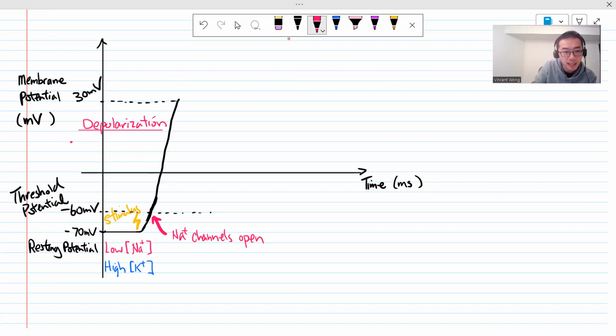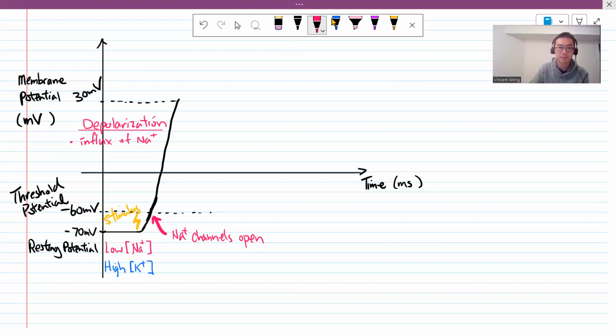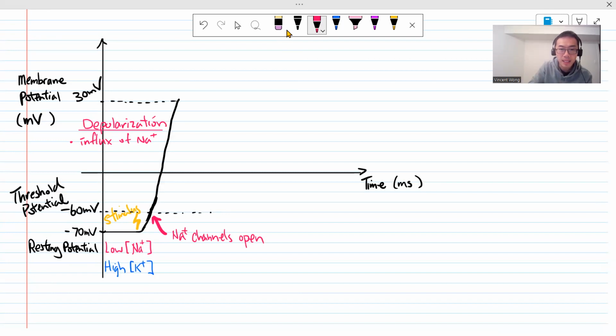And it's caused by an influx of sodium. A lot of sodium coming into the cell, causing the membrane to become positive. And then at the peak here, three things are going to happen. Sodium channels close, preventing more Na plus from coming in. And then the other two things we'll talk about later.